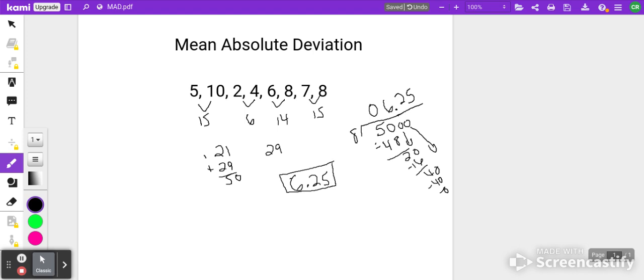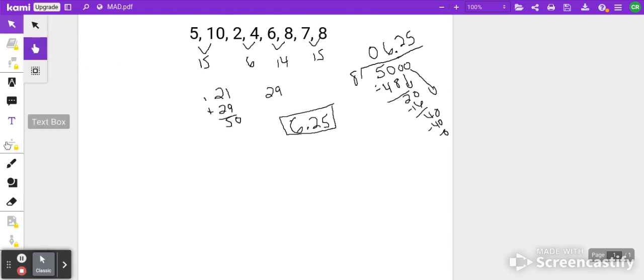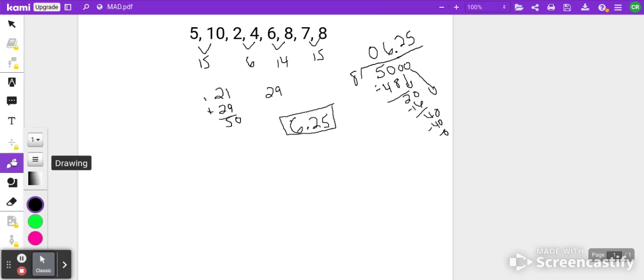All right, so now you're going to use this mean. You're going to take these numbers and subtract 6.25 from all of them. I'm going to scroll down just a little bit. And I'm going to rewrite my numbers. I should have done my addition off to the side, but that's okay. So I've got 5, 10, 2, 4, 6, 8, 7, 8.